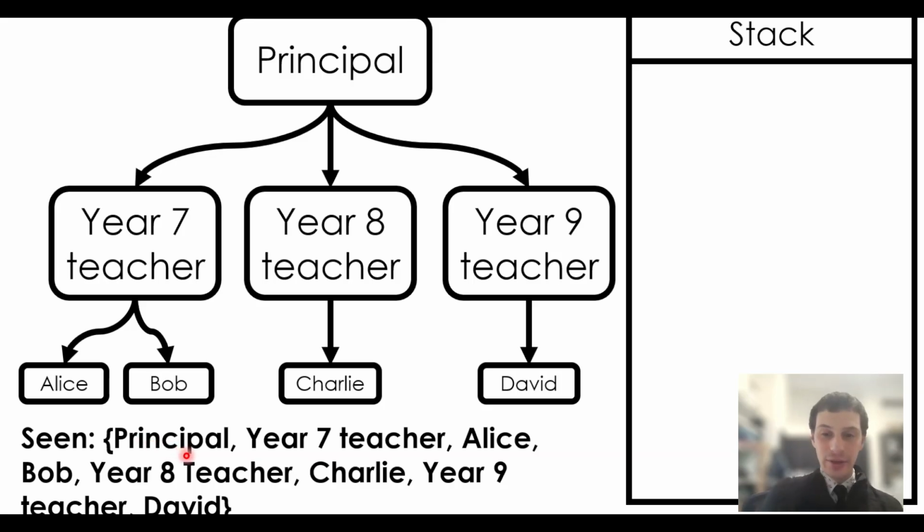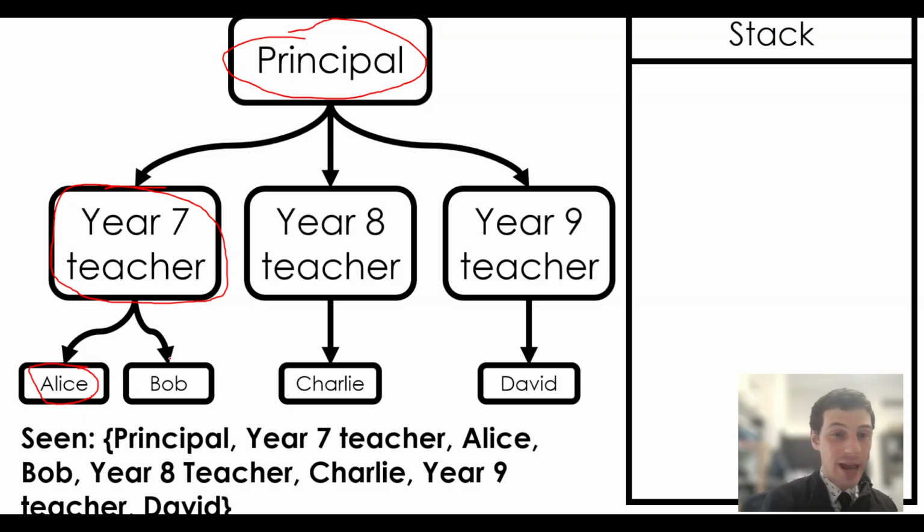And you may notice that the order that I did it is first I did principal. So first I processed the principal node, and then the next node that I got to process was Year 7 teacher. And then the next node that I got to process was Alice. And if Alice had any children, then it would have been them first. So I'm really going deep first before I look at any of the other siblings.